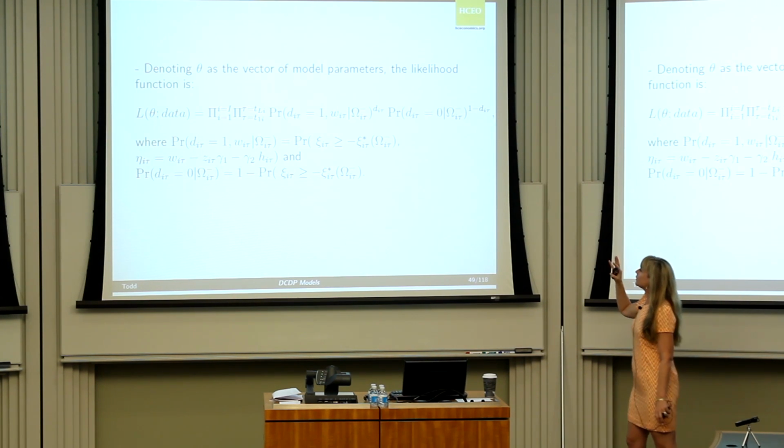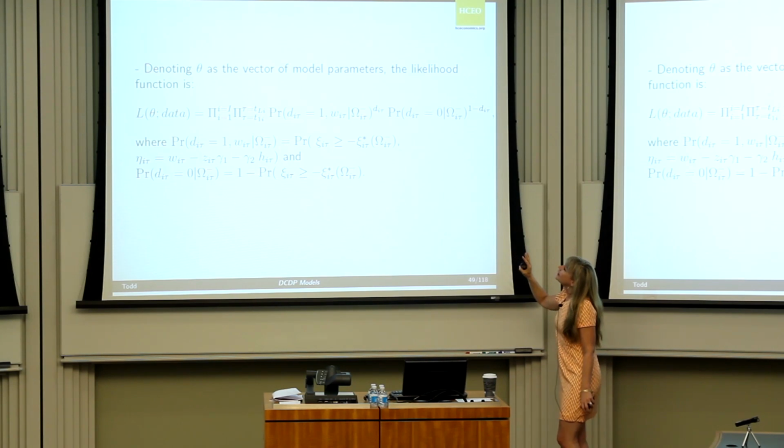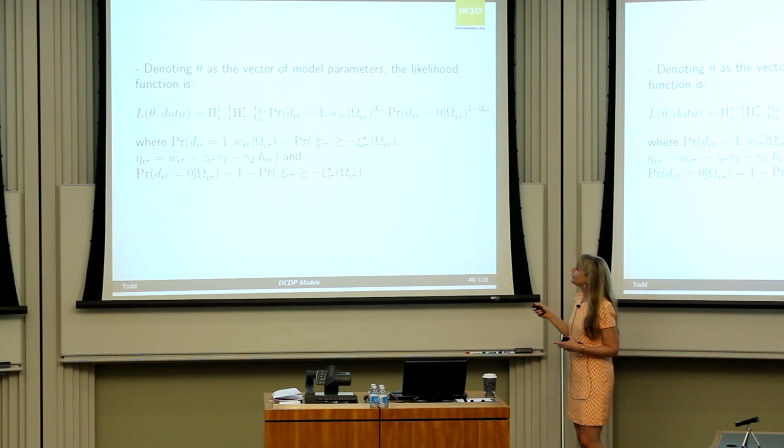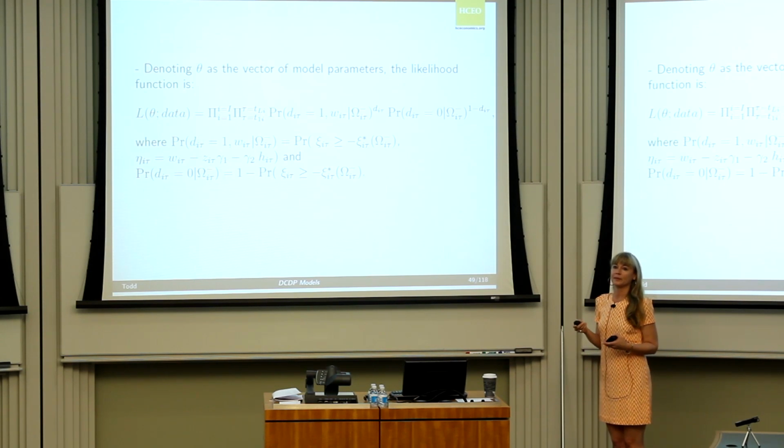Okay, but I'm hoping that you can see how the likelihood and everything is very analogous to the static framework, right? It's not that there are a lot of complications, it's only that these cutoff values now incorporate the value functions. And in order to get these Emaxes that enter the cutoff, you have to solve the dynamic programming problem. But once you do that, it's really like a two-step process.